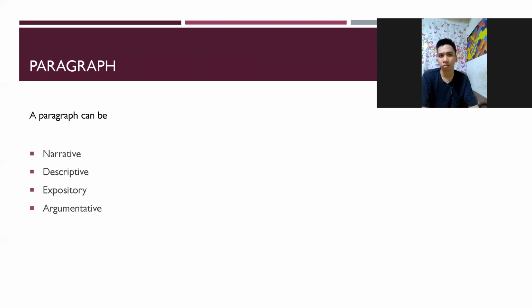An expository paragraph gives us information, gives us knowledge. It explains an idea, and expository must be factual and not opinionated. Next is argumentative paragraph. An argumentative paragraph is where you defend your point. You have a side, you choose to defend your point.